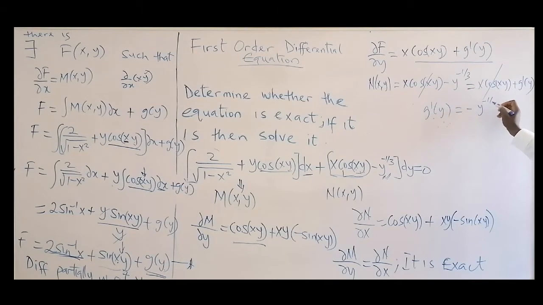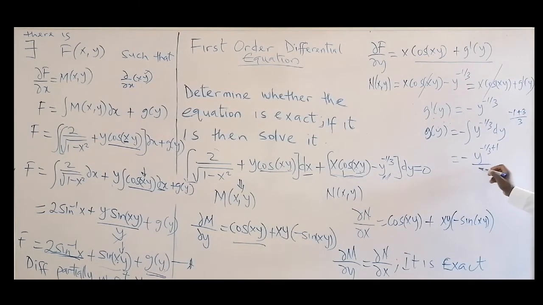Minus y to the minus 1 over 3. Then to remove this differentiation here, integrate both sides with respect to y. Then you have g of y equal to the integral of, the minus can come outside, y to the minus 1 over 3 dy. And that will be equal to minus y to the minus 1 over 3 plus 1. That will give me minus 1 plus 3 over 3, that will be 2 over 3.